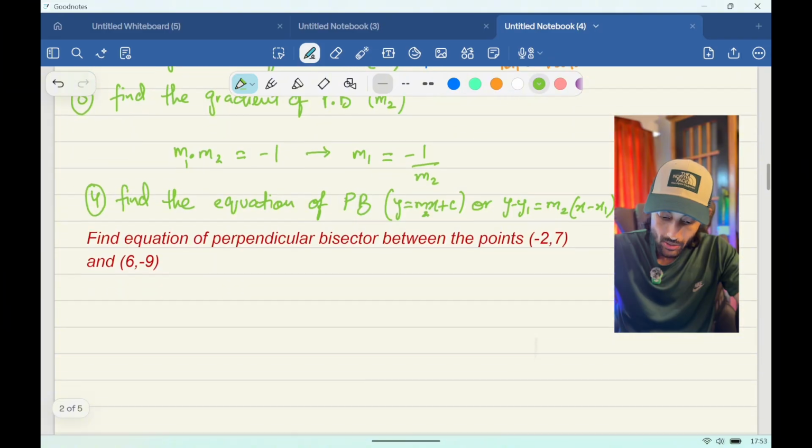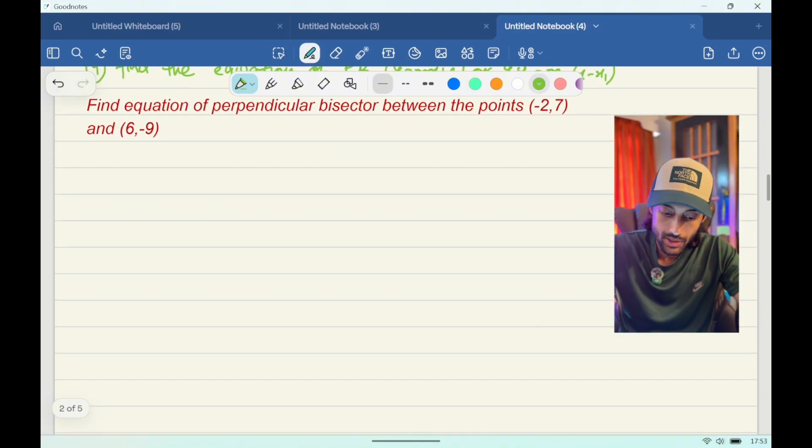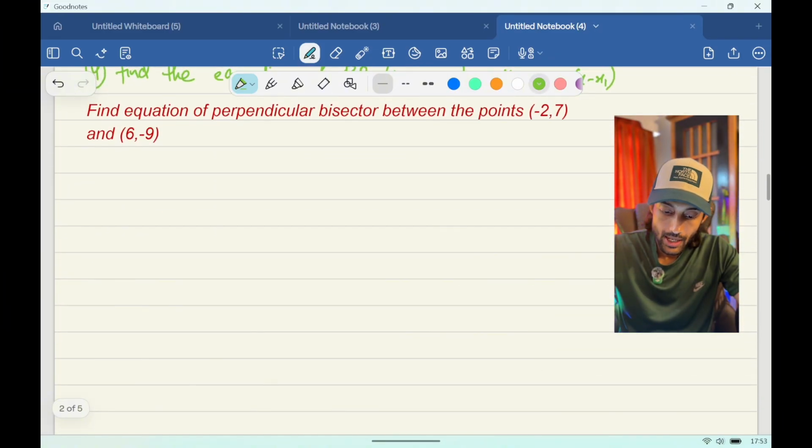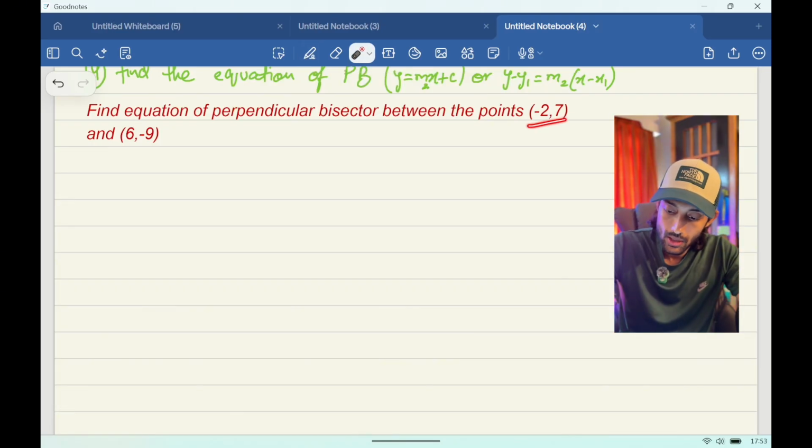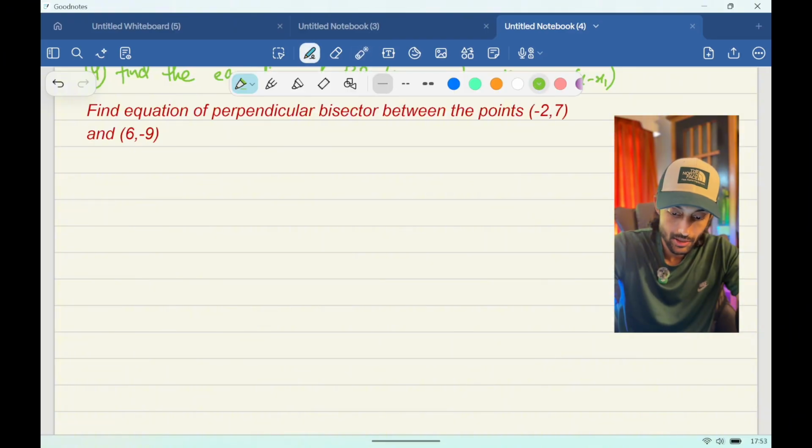Now let's look into one of the examples in which you need to find out the equation of the perpendicular bisector. So we have these 2 points, and the first step is really simple. You have to first find out the midpoint.